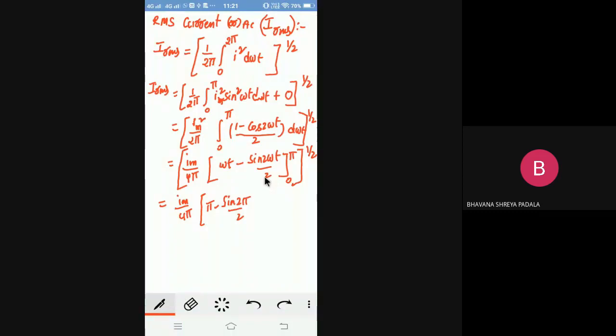So whole power 1/2 ఉంటుంది. So now Im by 4 pi, sorry ఇది Im square అమ్మా, Im square కదా, Im square by 4 pi.